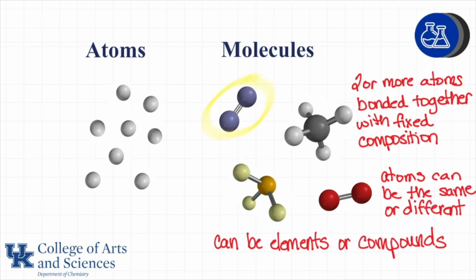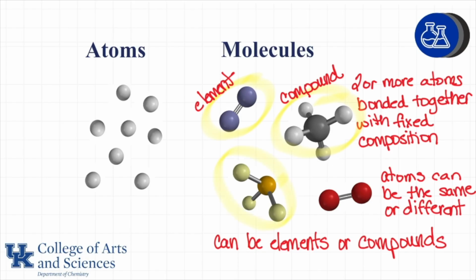We'll start here. In this case, we see 2 atoms that are bonded together, so we know we're dealing with a molecule, and both of those atoms are the same, therefore we're dealing with an element. When we look at the next sample, we see that we have a molecule because we have 2 or more atoms bonded together, and this is also going to be a compound because the atoms are not all the same, and that's indicated by the different colors of the atoms.